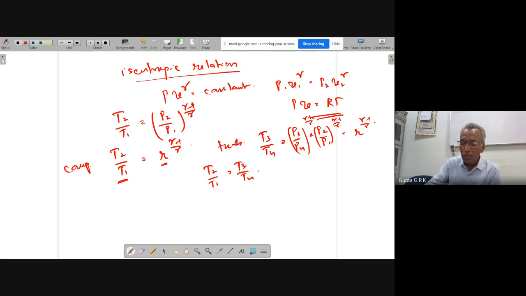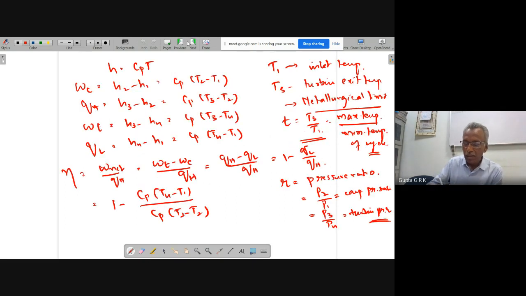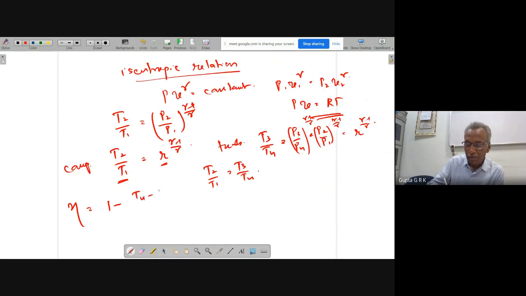Okay, we try to use that here. Efficiency we got as 1 minus (T4 minus T1) by (T3 minus T2). Divide the numerator and denominator by T1.